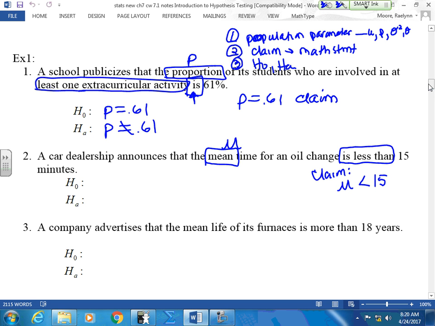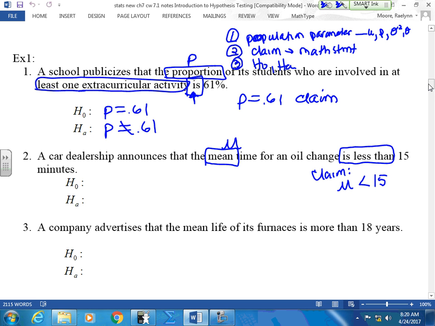Would you stay? No. So it depends who's saying this. As the car dealership, I want to make this sound as good as possible. As maybe someone visiting there, I said, oh my gosh, the average wait time is at least 15 minutes, 15 or more. But my car dealership guy is saying less than 15 minutes.